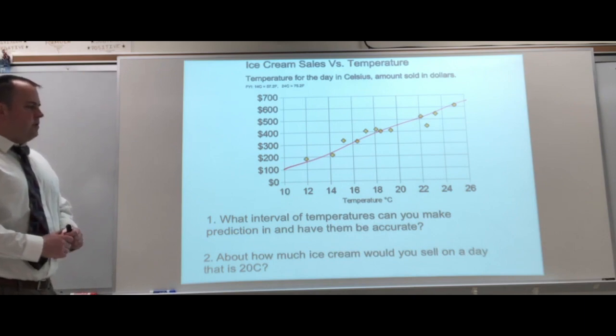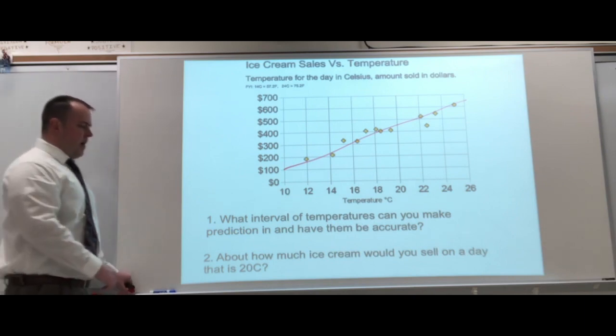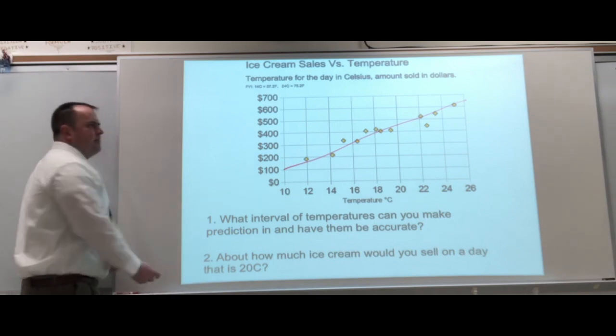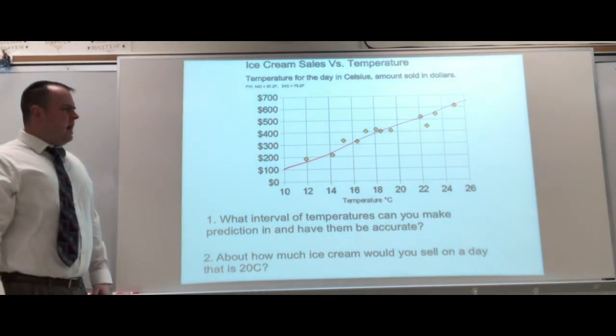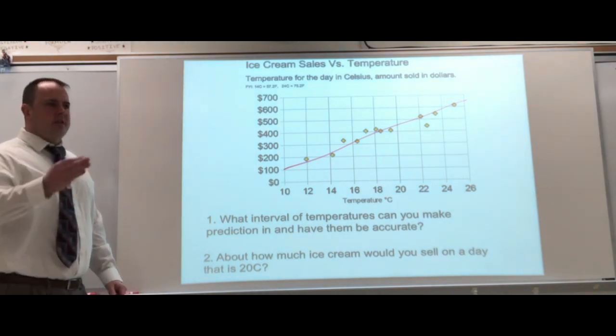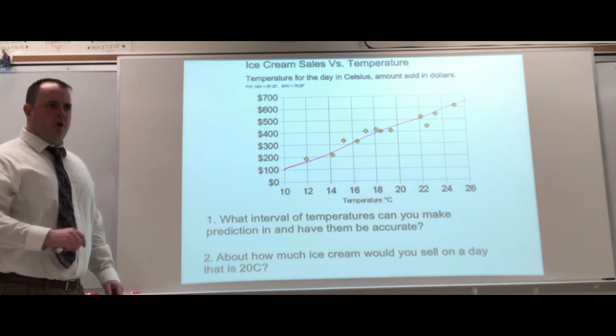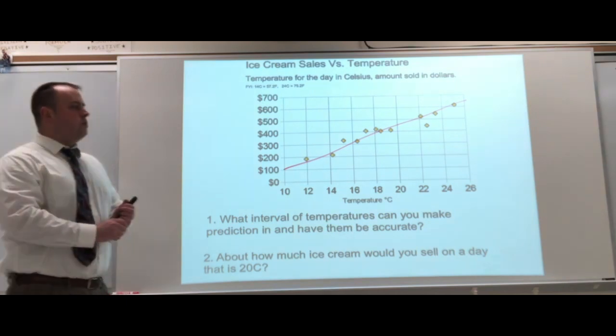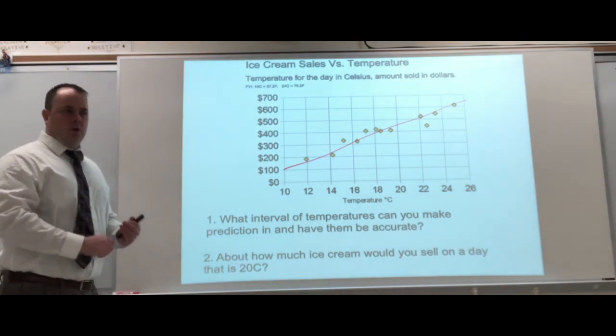About how much ice cream would you sell on a day that is 20 degrees Celsius? This is an estimate, and you can kind of eyeball it, but the work I'm going to want to see is your lines going up and over. Those lines going up and over show me what you're looking at.